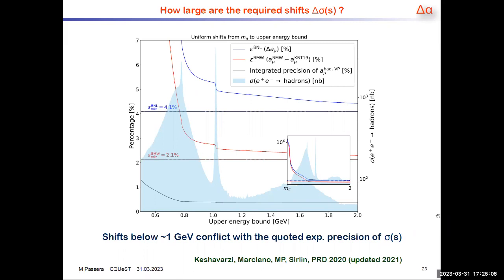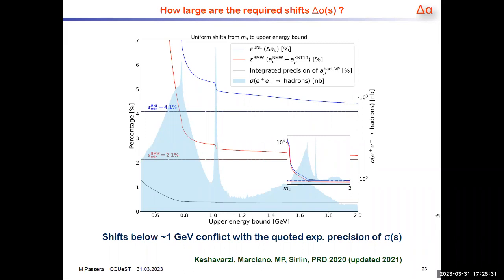For example, 1 GeV. If I integrate the cross-section from 0 to 1 GeV, I need to change the cross-section by roughly 5%. Is 5% a lot? Yes, it's really a lot. To give you an idea, this is in the same range as the integrated uncertainty of the hadronic cross-section. So we are talking about big changes.